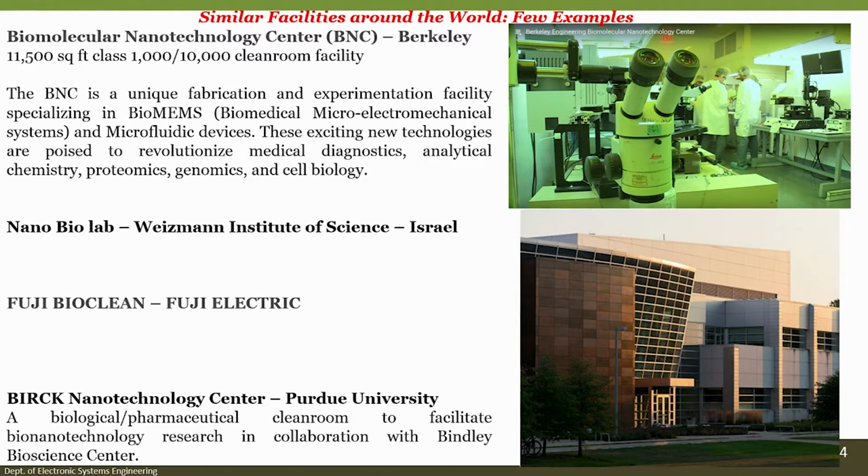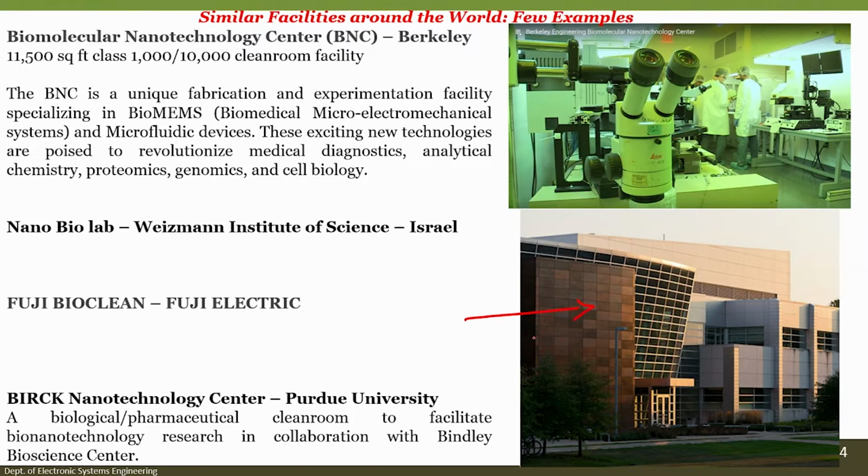All right. There is another nanotechnology center from Purdue. It's called Birck. I'm sorry you cannot see the full screen, but it is Birck. And from Fuji Electric, they have a Fuji BioClean. This is a clean room that they have. The entire building is a clean room.